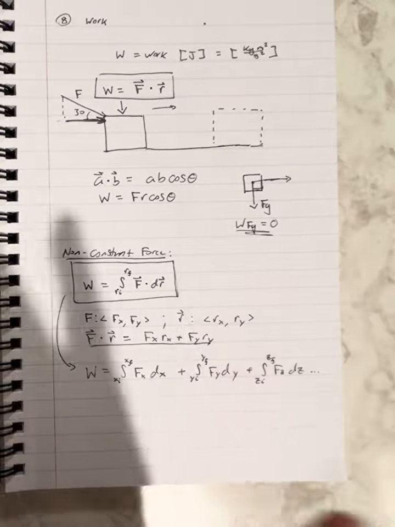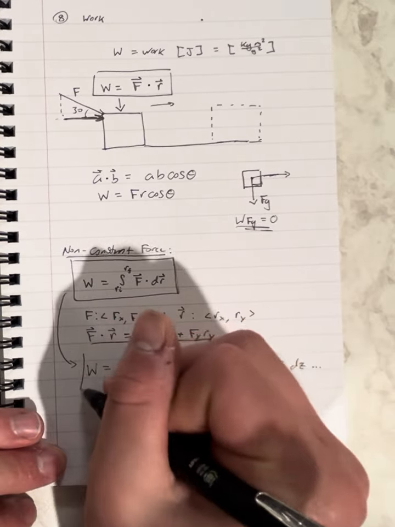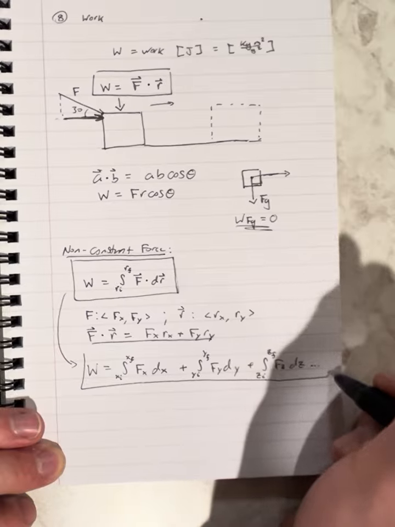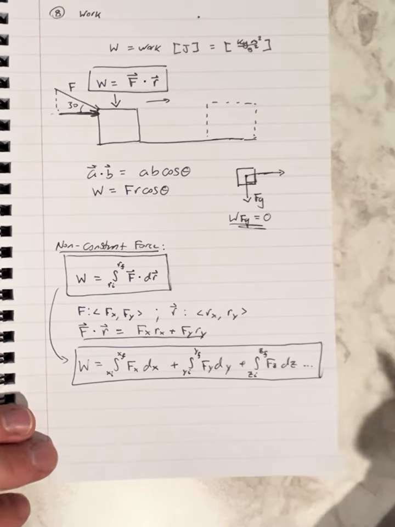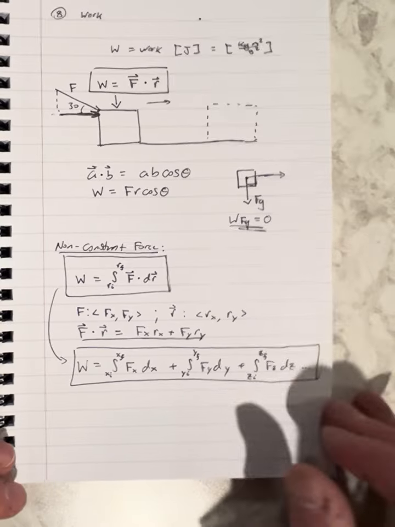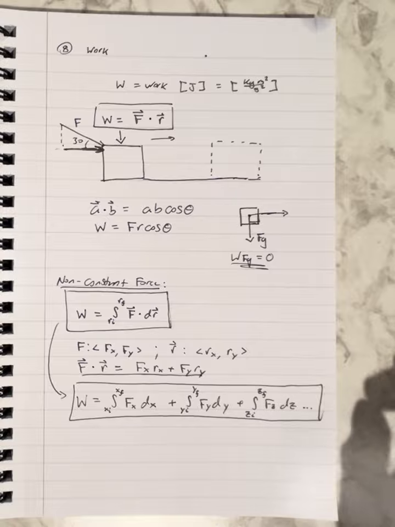You could do this for any number of dimensions that you could possibly want. And this is the equation that's going to be useful if you are given the components of a force vector and the components of a displacement vector for a non-constant force.